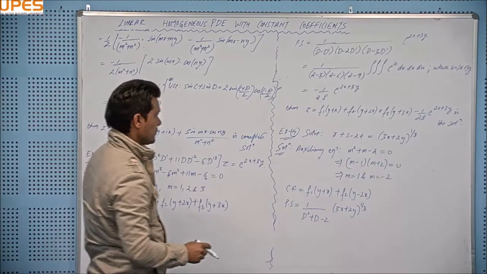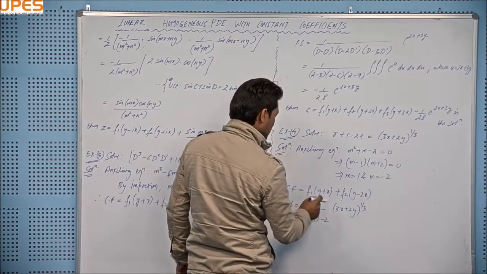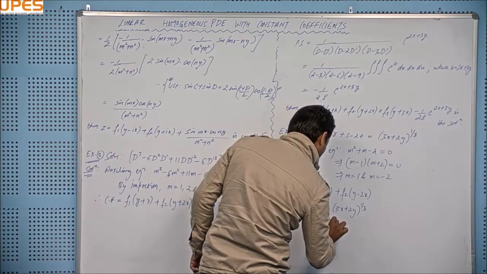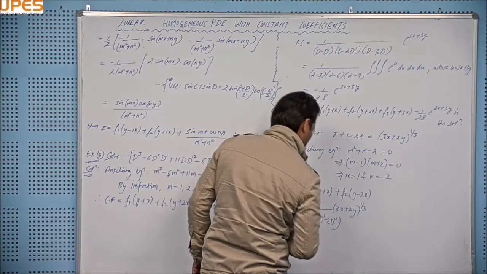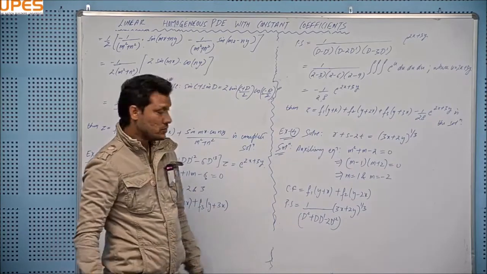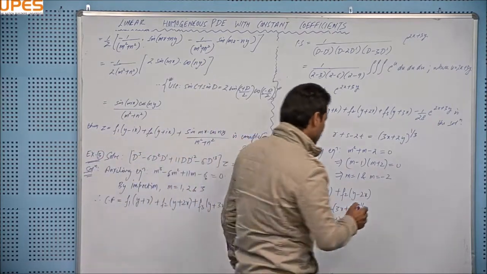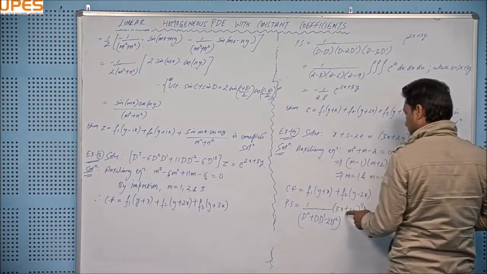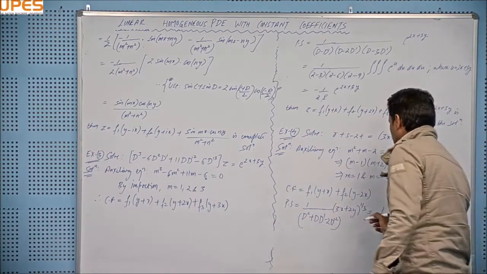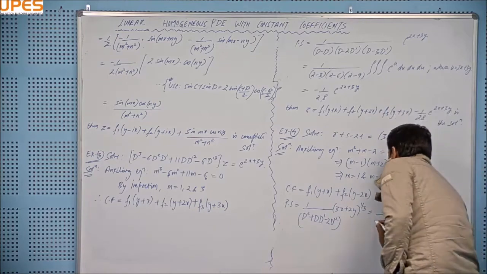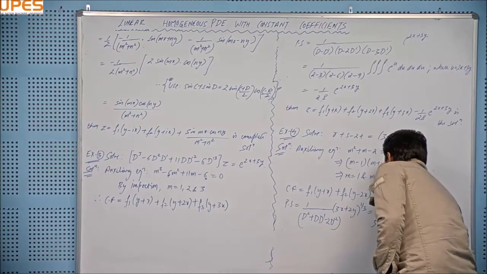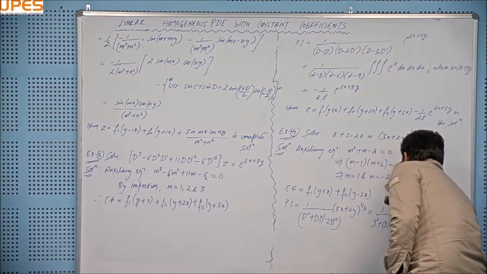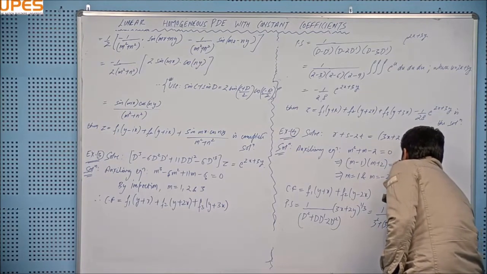Now here n is equal to 2, it will become 1 upon, putting D equal to 3 and D dash equal to 2 here, I will get 3 square plus 3 into 2 minus 2 into 2 square.